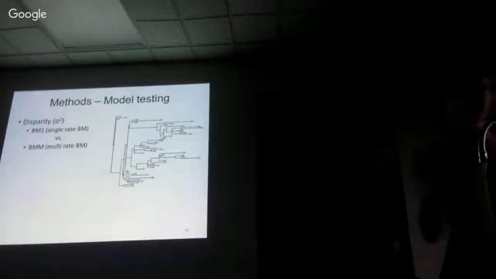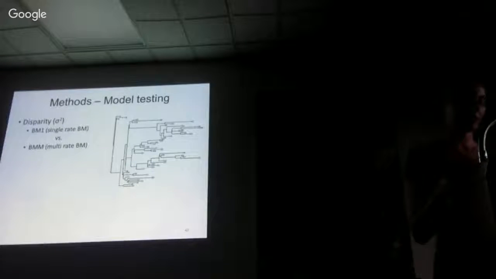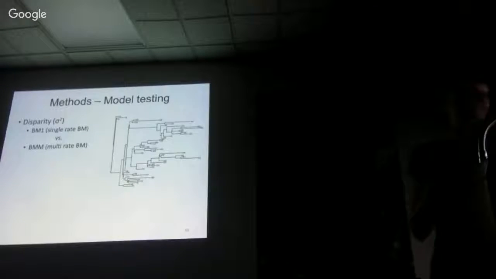I will test for significant differences in sigma or theta values by comparing the statistical fit of various models. And I want to test for a significant difference in sigma squared values. So this is disparity. I compare the statistical fit of the BM1 model to that of a BMM model.